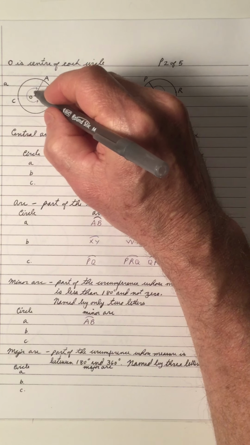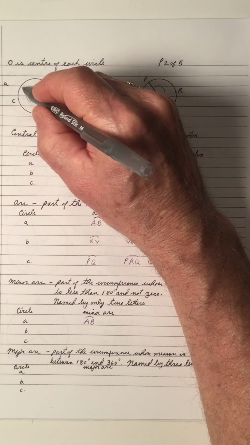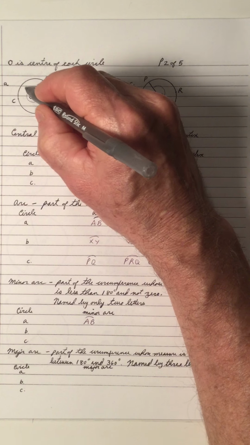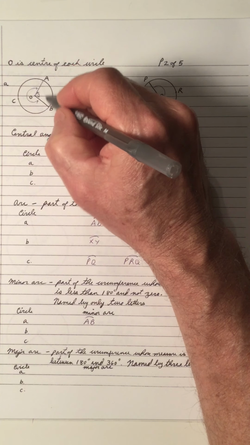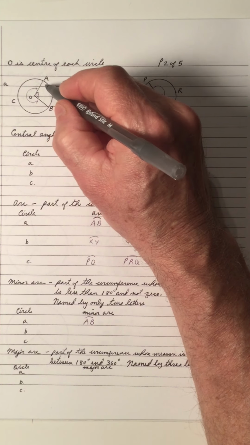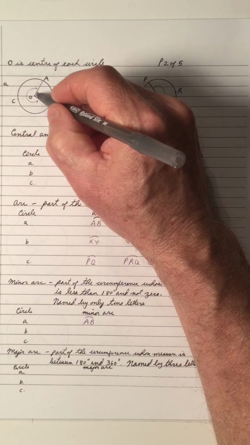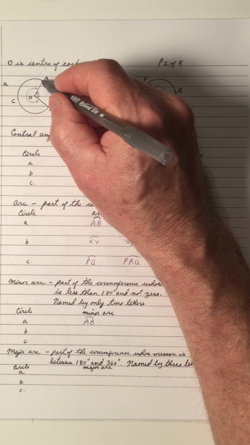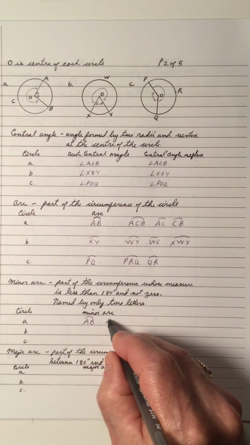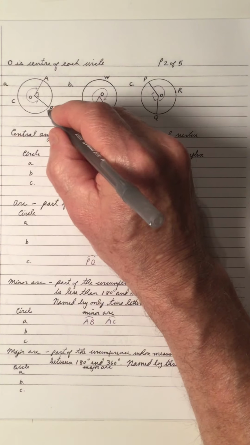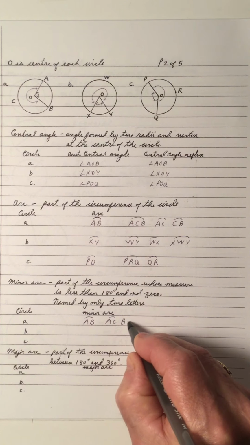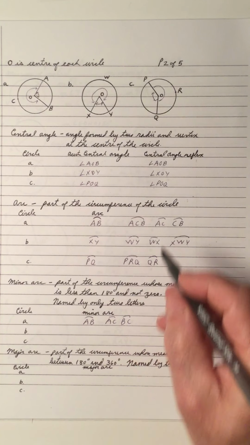If you move straight across, these are two radii, so this is a diameter. This arc here is less than 180, so it's the minor. You could have AC as a minor arc, and you could have BC as a minor arc. You name it with two letters.